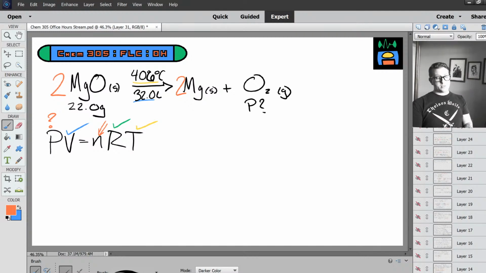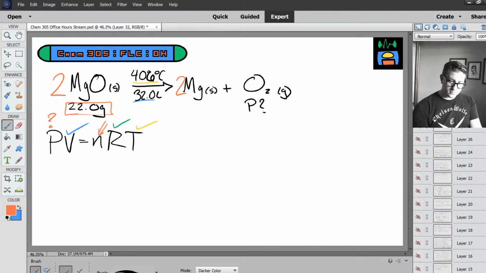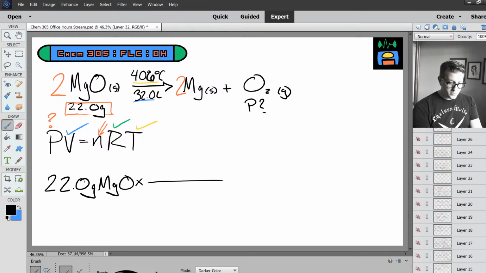And we're not given moles, but you'll notice we are given a mass of magnesium oxide. So we can do some stoichiometry to convert from 22 grams of magnesium oxide to moles of O2.